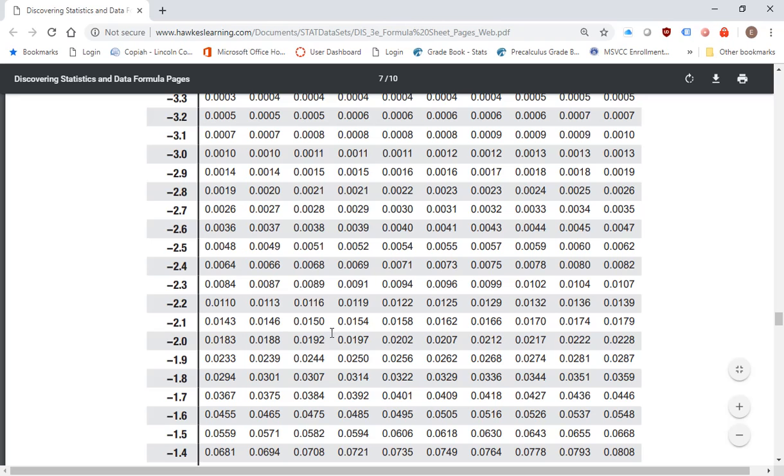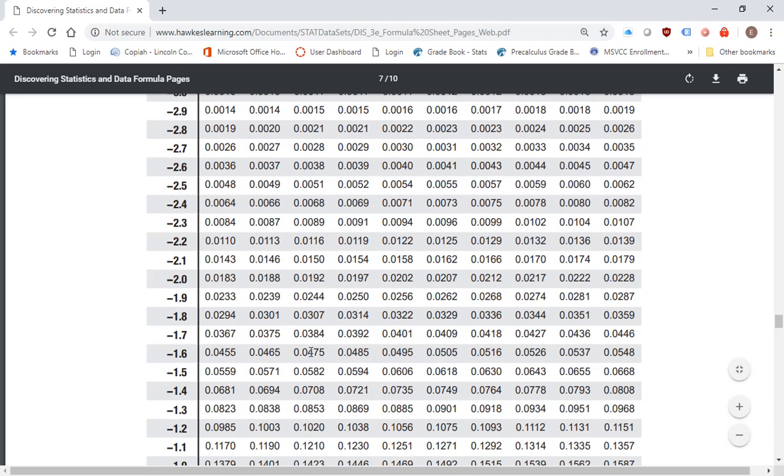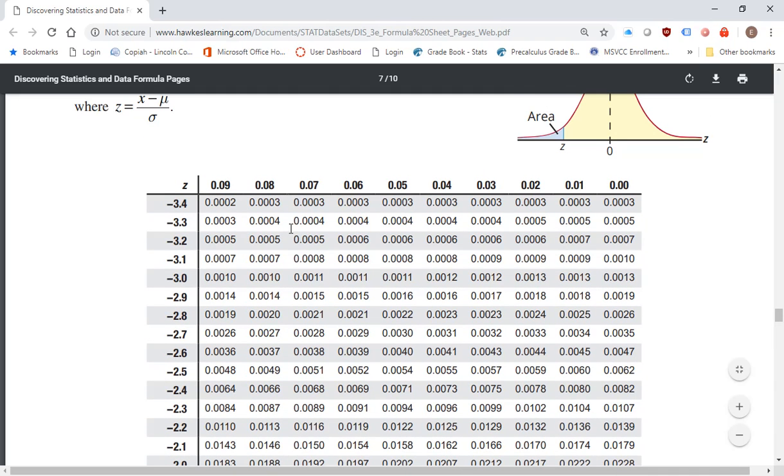So let's look. And what value stands out here? That's as close to 0.1 as we can get. I have 0.1003. So that would be a z-score of what? Negative 1.28. Does everybody see that?